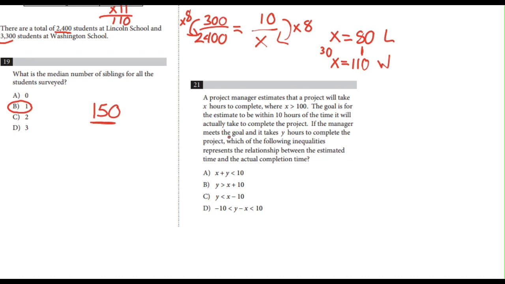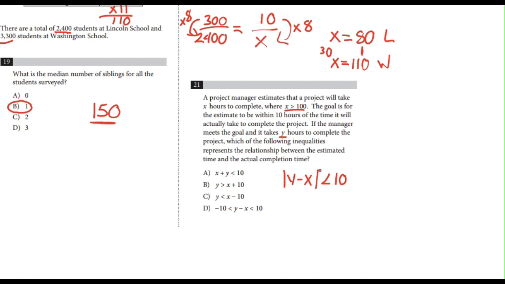If the manager meets the goal and it takes Y hours to complete the project, which of the following inequalities represents the relationship between the estimated time and the actual completion time? So we know that the difference between the expected time X and the actual time Y needs to be within 10 hours. So we can find that the positive difference between the actual time it took and the expected time it took needs to be less than 10.